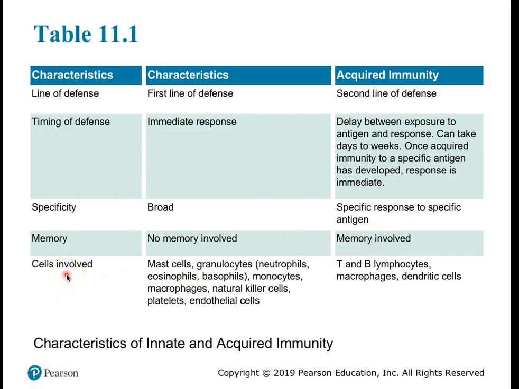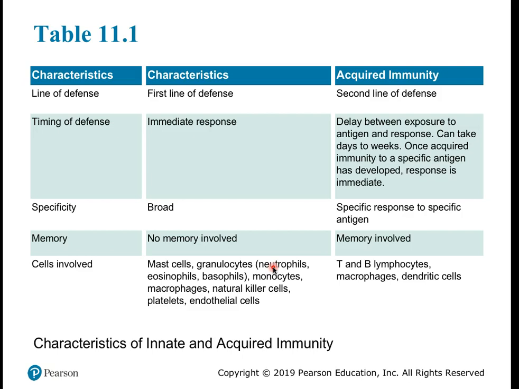Now the cells involved. I'm not going to go through all of these. I'm going to pick a couple of them from this list. I'm going to first pick on neutrophils. Neutrophils are a type of white blood cell, a type of leukocyte, a type of granulocyte that is very prevalent in circulation, and it is involved in phagocytosis of the microbes that have landed in the wound site.